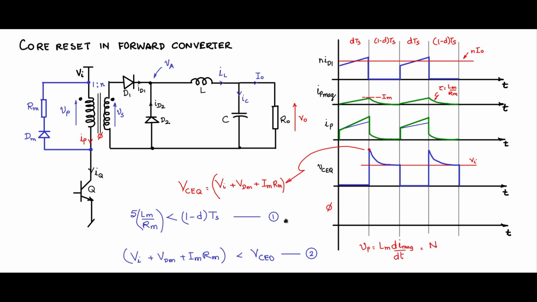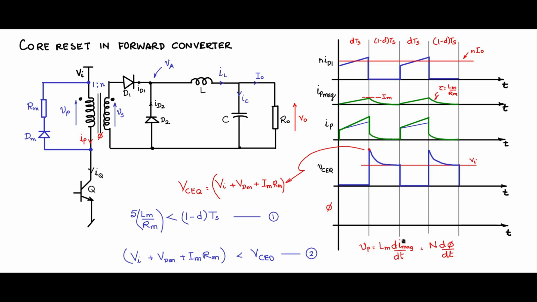It is also equal to Np d phi by dt. So from this basic fundamental equation we see that Lm dIm by dt is equal to N d phi by dt. Lm is a constant, N is a constant, Vp is fixed for the period of the time when Q is on.